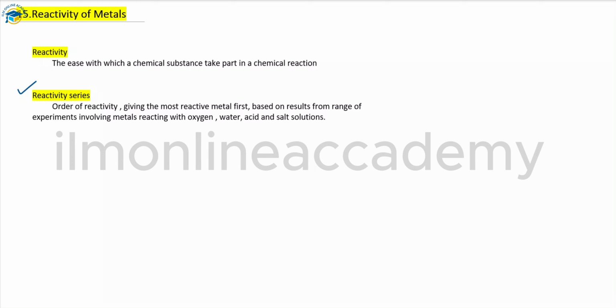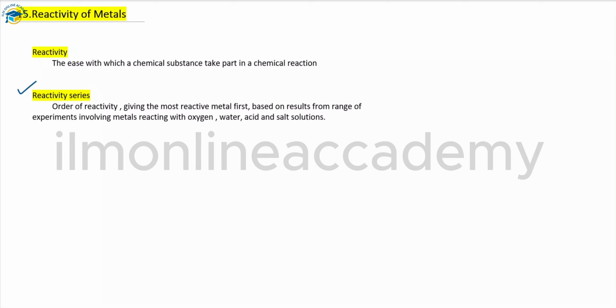So based upon all these experiments, we have a reactivity series. It is just because of these reactions that we place the metals precisely in a series and consider the reasons for the order we have. So this is about the reactivity and the reactivity series.